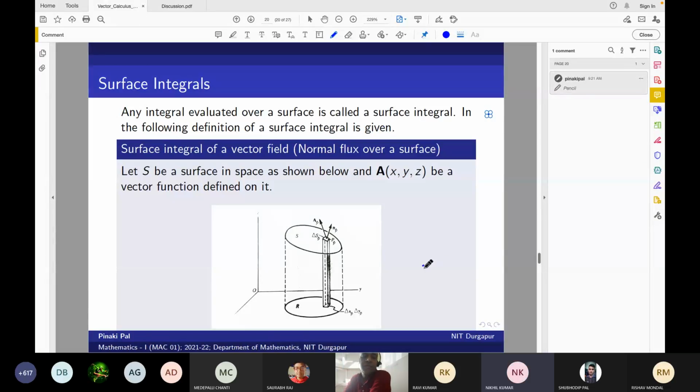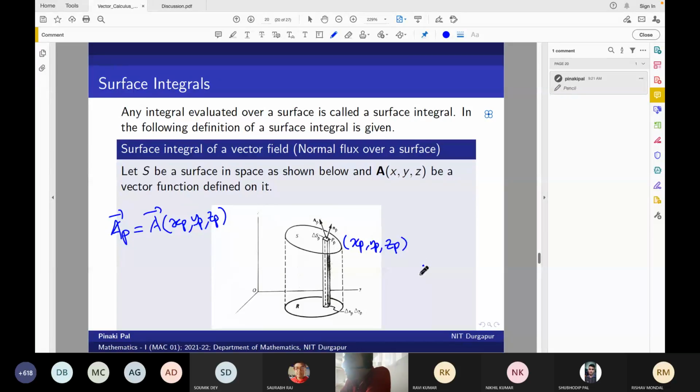AP vector is the constant vector, the vector function A calculated at the point PP, whose coordinates are XP, YP, ZP. So PP is a point on the element delta SP.